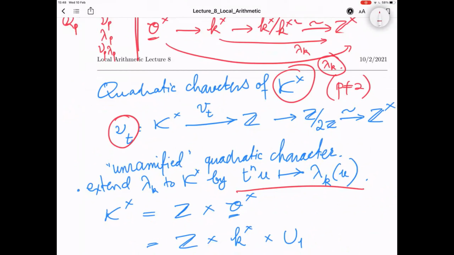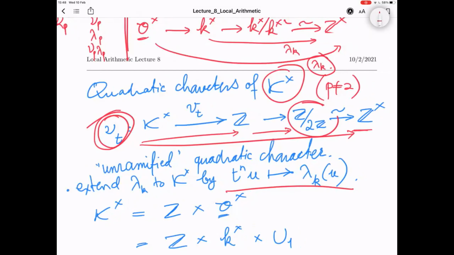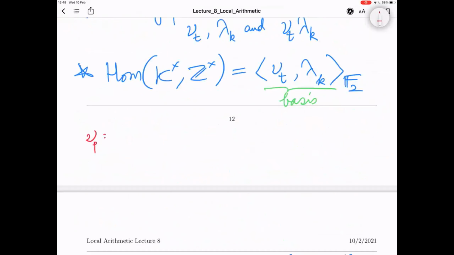From K star, you have this valuation which takes you to Z. From Z, you can go modulo 2. You get a group of order 2, and that's isomorphic to Z star. So this whole composite is going to be called nu t. This is similar to how nu p was defined earlier. If you remember, you had Q_p star.